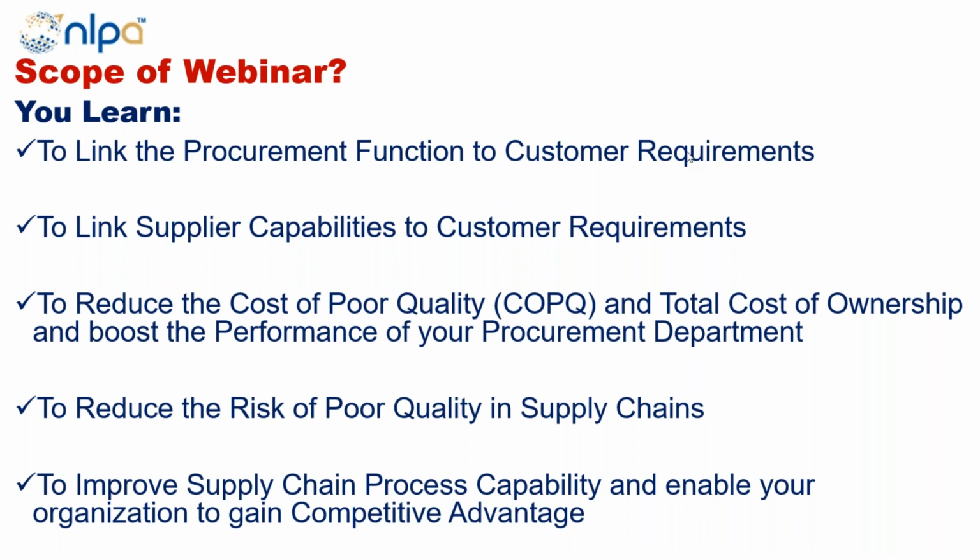We'll be going through cost of poor quality. We'll be going through how to reduce risk in the supply chain and how to reduce the risk of poor quality in our supply chains. And of course, methodologies on how to improve supply chain process capability to enable your organizations to gain competitive advantage.